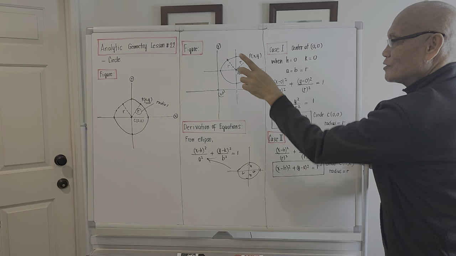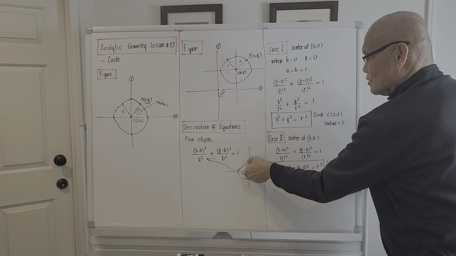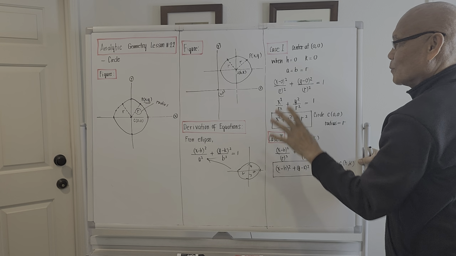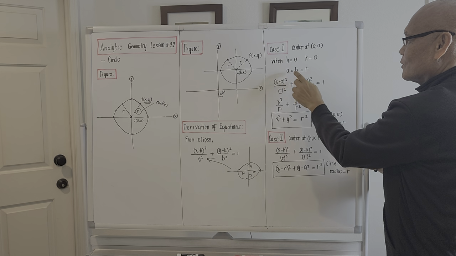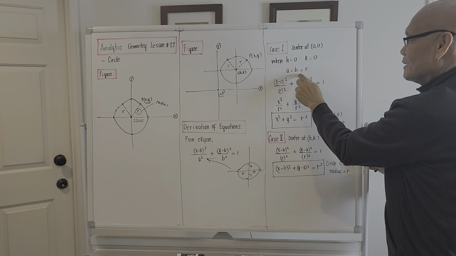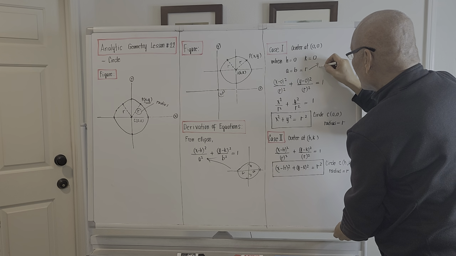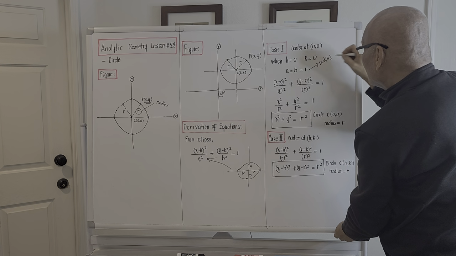For it to be a circle, this a here should be equal to b, because that's the definition of a circle. For a circle, the major axis is equal to the minor axis, equal to r, which is equivalent to the radius.